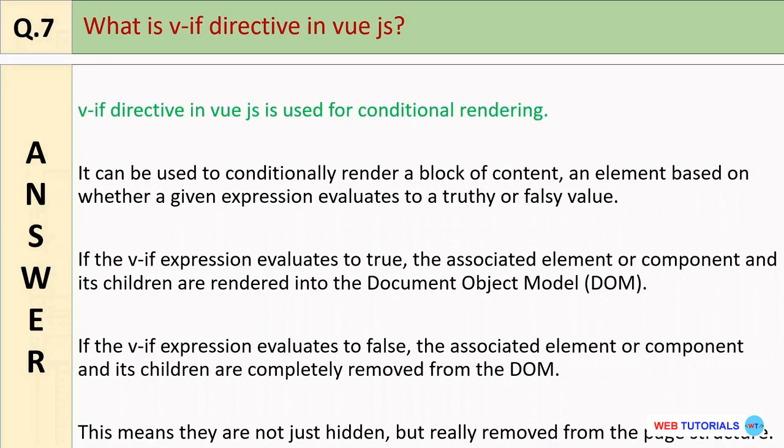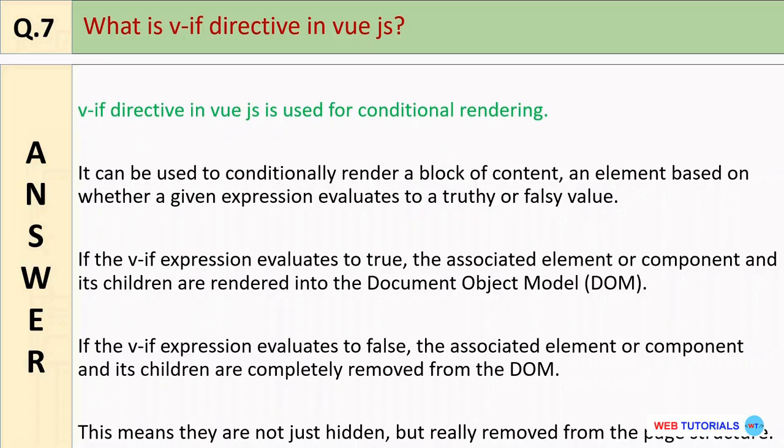What is v-if directive in Vue JS? The v-if directive in Vue JS is used for conditional rendering. v-if can be used to conditionally render a block of content or an element based on whether a given expression evaluates to a truthy or falsy value.